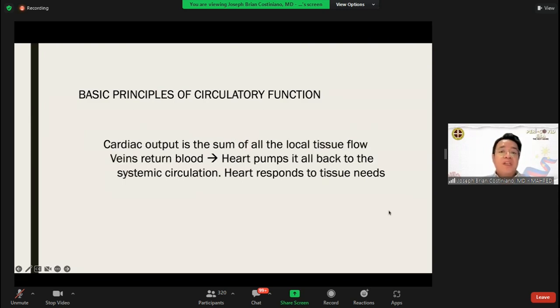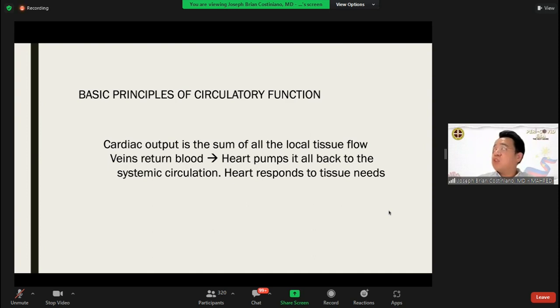Okay. So cardiac output is the sum of all the local tissue flow because the veins will return blood towards the heart and the heart will pump it all back towards your systemic circulation. Inuubos talaga ni heart, no, lahat ng pumapasok papunta sa kanya. And the heart will respond, no, to the tissue needs of the patient.